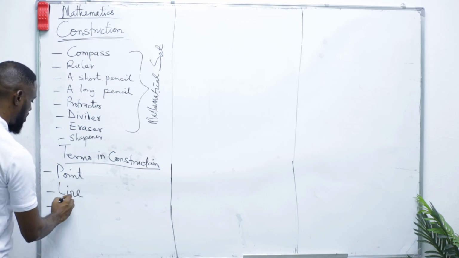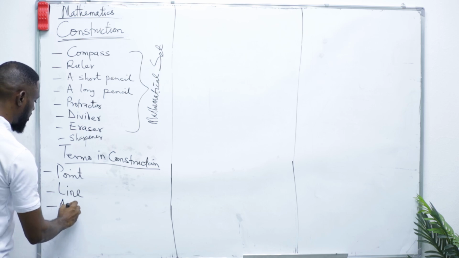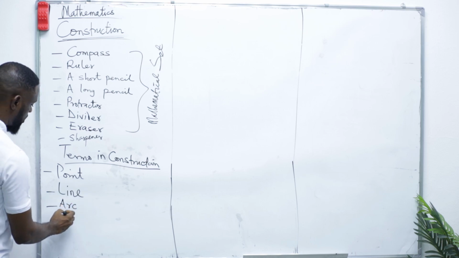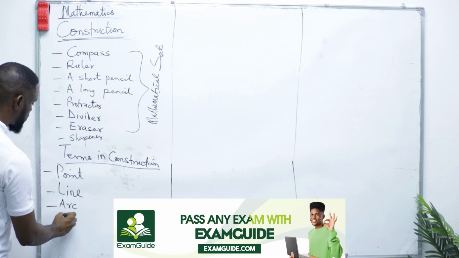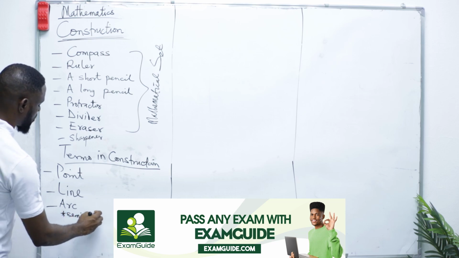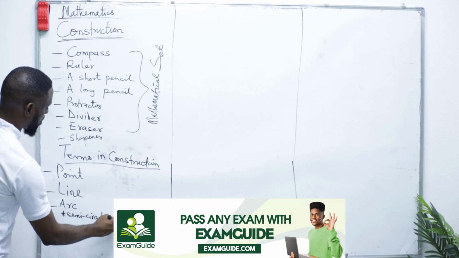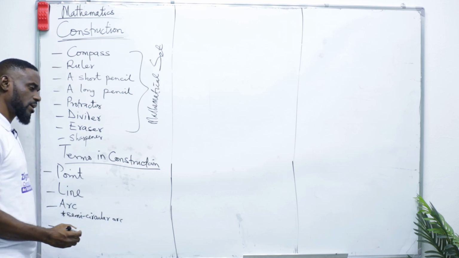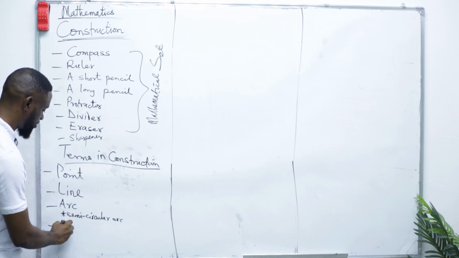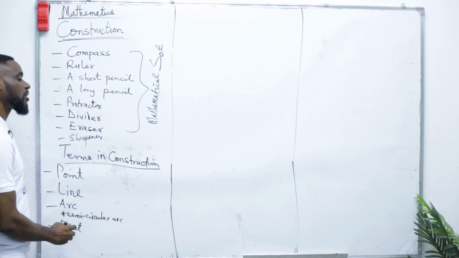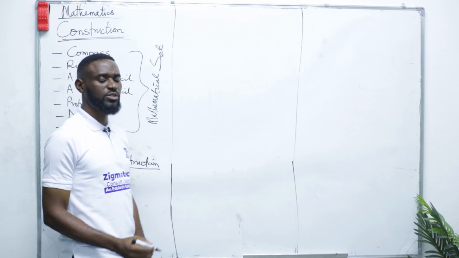Number 3, arc. In this arc, we can have something we call semicircular arc. We have bisect.